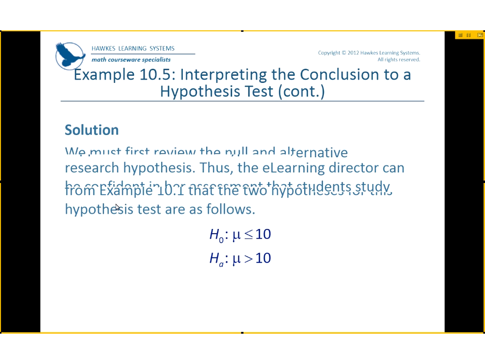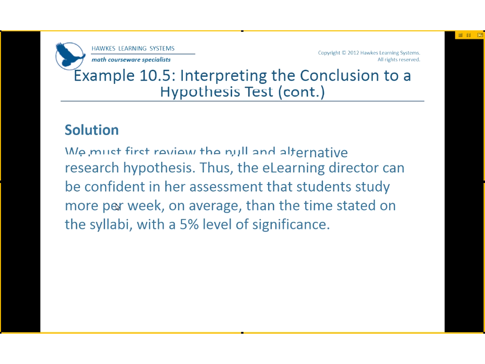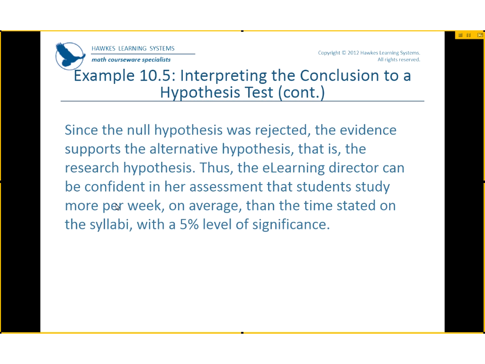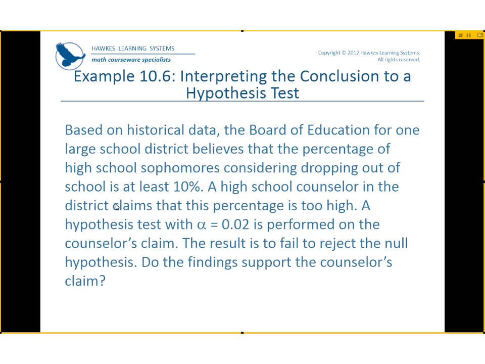We stated our null and our alternative hypothesis. Okay, but now we're saying that the null hypothesis is rejected. So if your null is rejected, that means you're accepting your alternative hypothesis. So the e-learning director can be confident in her assessment that students study more per week on average than the time stated with a 5% level of significance.